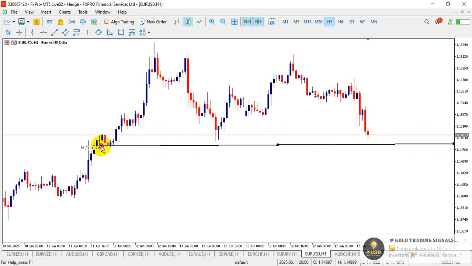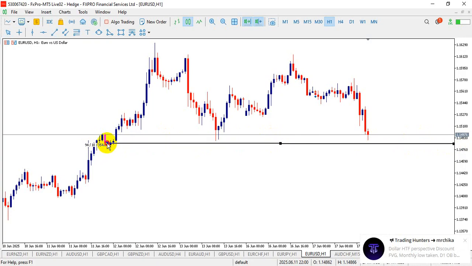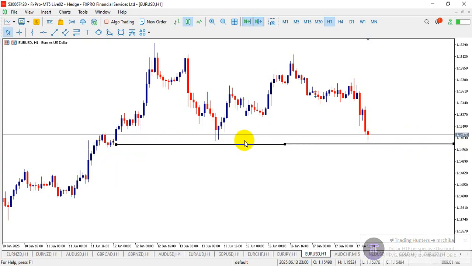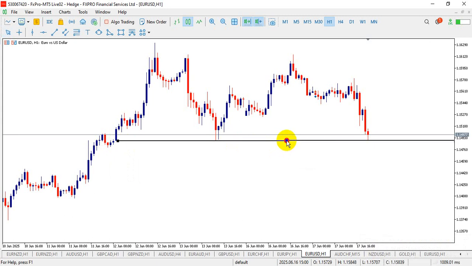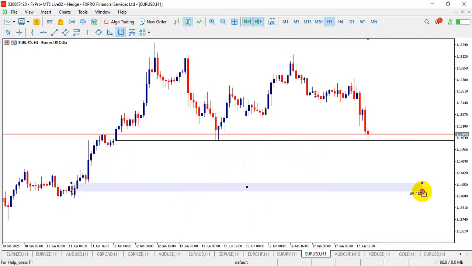So price is currently on the liquidity zone. What I don't know is if this liquidity will hold price at this level. But in case it did not hold it, we should be looking to buy at this other block.